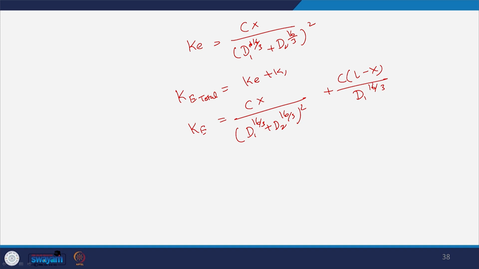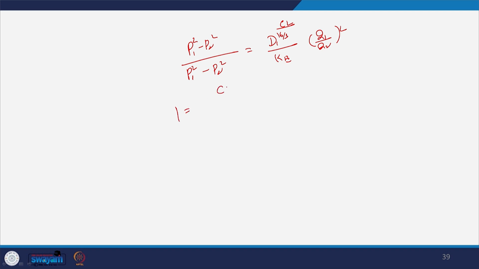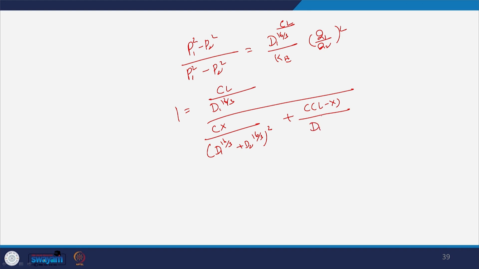Now, upon dividing the flow equation for the existing pipeline by the flow equation after segmental looping, we have P1 square minus P2 square upon P1 square minus P2 square is equal to CL upon D1 to the power 16 by 3 upon Ke, Q1 upon Q2 whole square, or 1 is equal to CL upon D1 to the power 16 by 3, whole upon Cx upon D1 16 by 3 plus D2 16 by 3 whole square plus C(L minus x) upon D1 16 by 3, Q1 upon Q2 whole square.